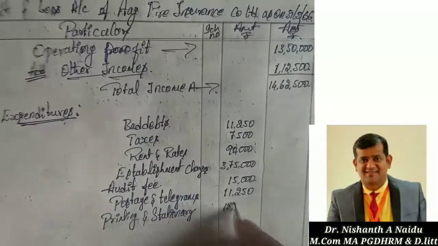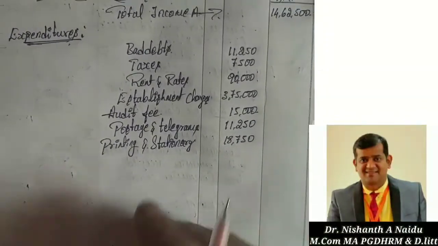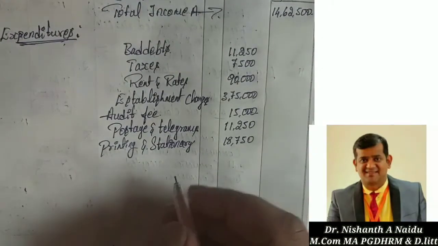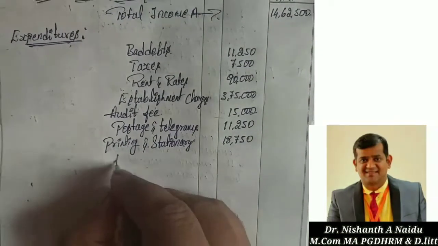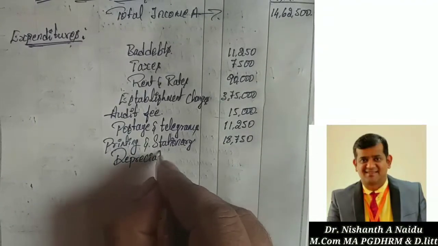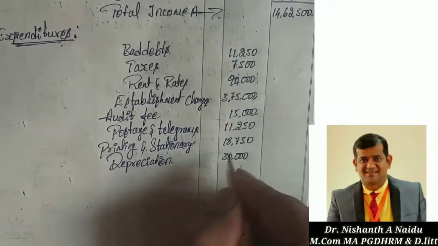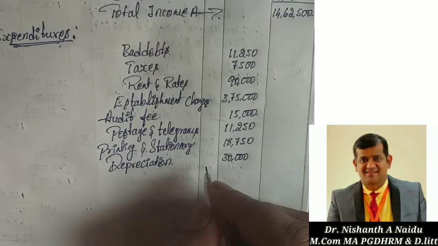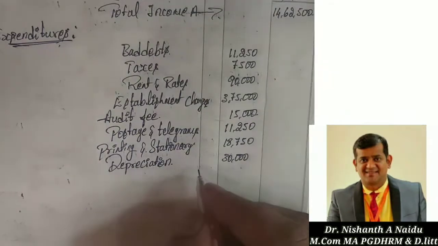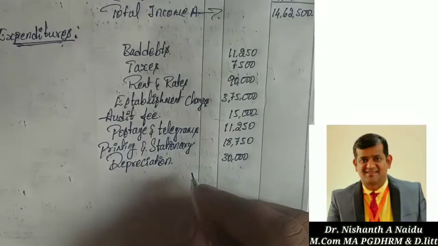Then we have depreciation 30,000. So take depreciation, how much? 30,000 rupees. Then we have policy stamps on hand 3,750. See, policy stamps on hand 3,750 rupees, that we don't take here.